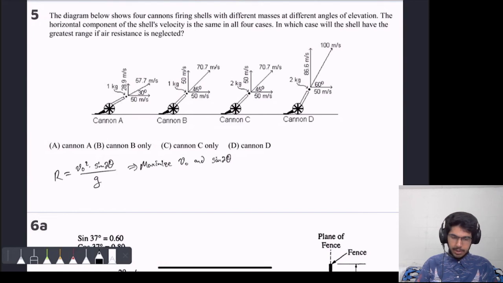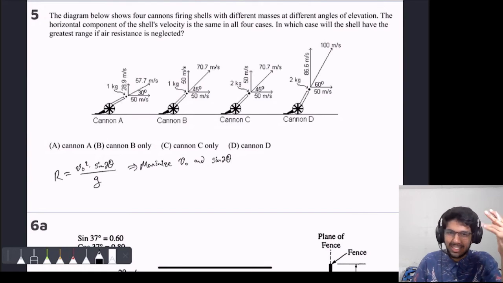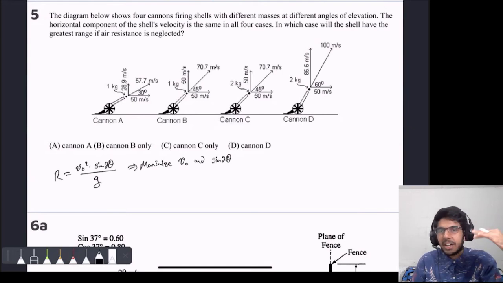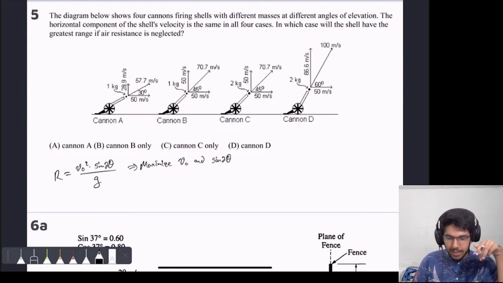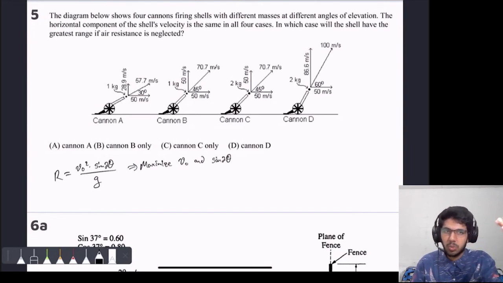Okay. So, which one will we say is the more important term between v naught and sine of 2 theta? In my opinion, it's v naught. And I'll tell you why. Sine is a function that alternates between -1 and 1.